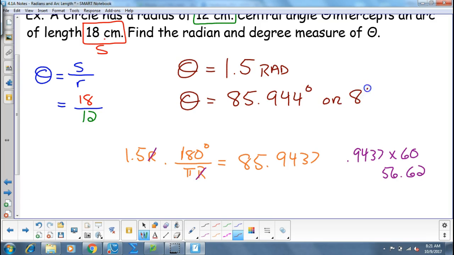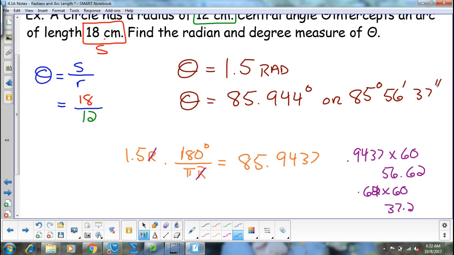Okay. I didn't round mine, so my numbers are probably going to be a little off, which is fine. So then 56 minutes, and then we'd take that 0.62 or 0.64, whichever one you want, and multiply that by another 60, and that would give us 38.4 or 37.2, either one, wherever you're rounding. So we'll call that 37 seconds.